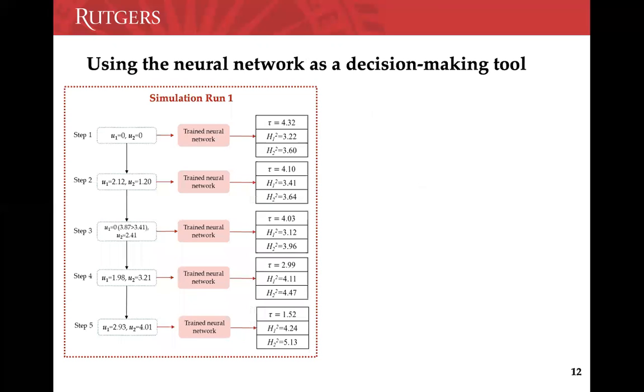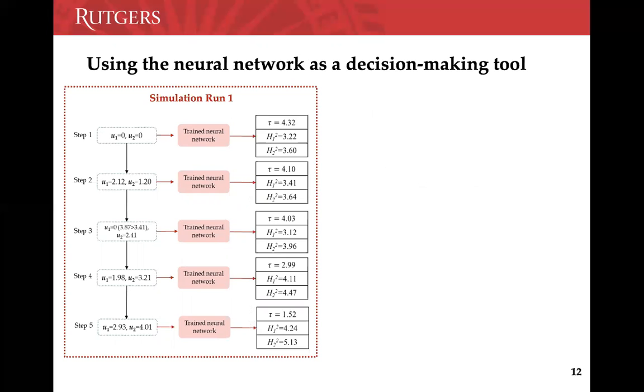I did one simulation run here to show how we can use this neural network as a decision-making tool. At the beginning, the system is new, all the components are new, and their current degradation is 0. So we feed 0 into the trained neural network, and then we can find the next inspection time and unconditioned thresholds.